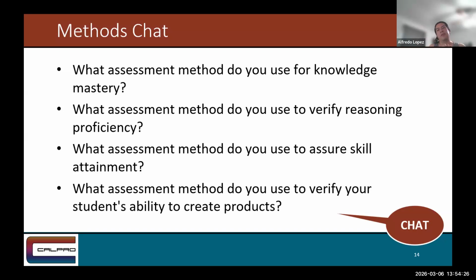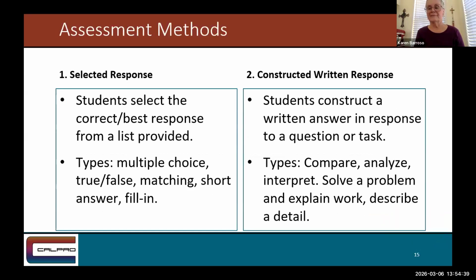I feel like for them it was reaching something they didn't feel they could do before. Yeah, that's great. I would just say remember the list that Karen gave us: when we get to creating a product, that's really at the top of Bloom's taxonomy. I would say that's true mastery there.